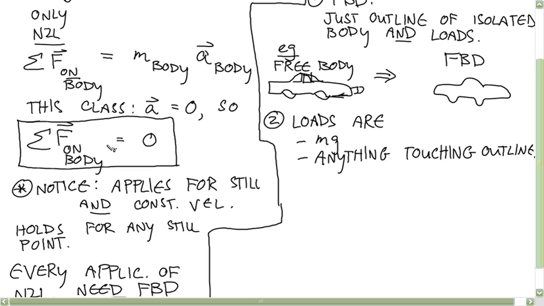Exactly. By Newton's third law, if you have a force that the wheel is applying to the axle, you do have to add that force into the Newton's second law equation. But then you also have a force that the axle is applying to the wheel that's equal and opposite, and that cancels out. The only place that things don't cancel out is at the boundary, because say the ground is applying a force to the wheels, which is part of the isolated body.